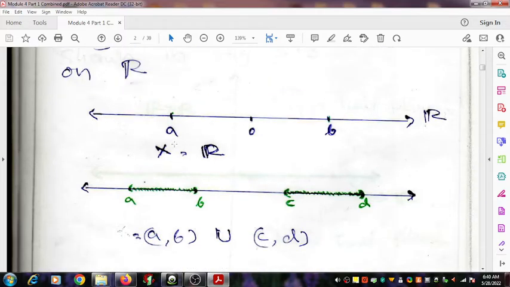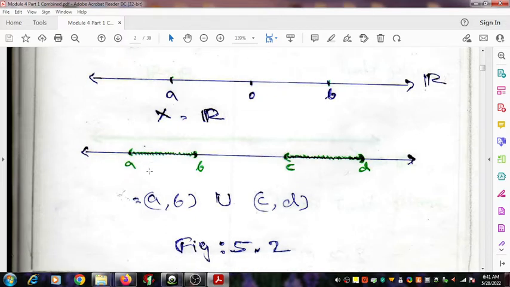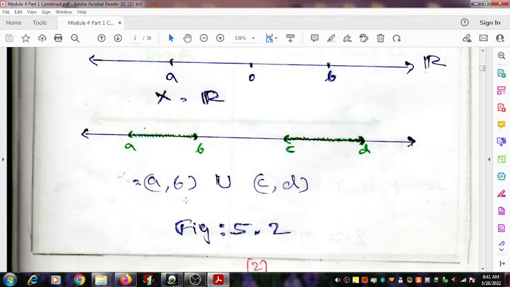But we consider another topological space Y. It's a subspace of the real line, given here in the second figure. Y equal to the union of two intervals, AB union CD.